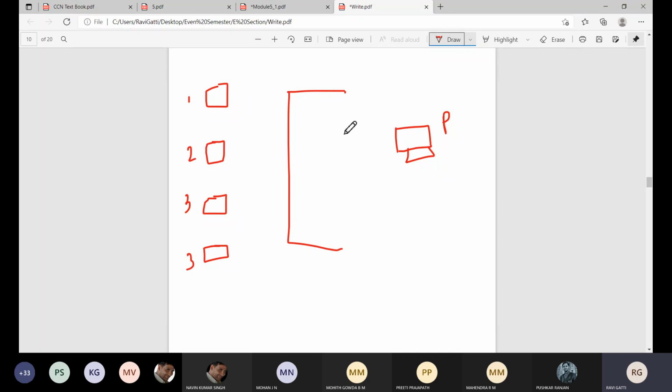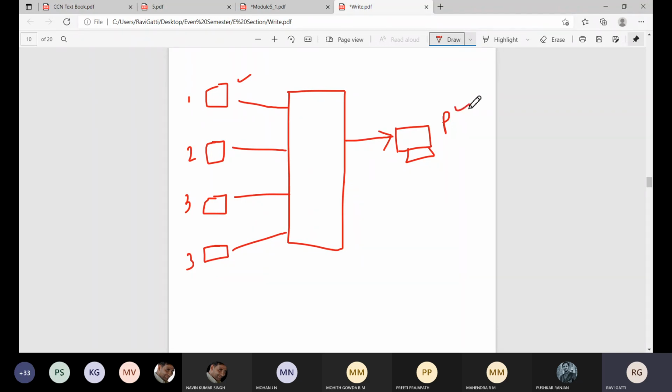A multiplexer will have many inputs, but it produces only one output. So we can represent the multiplexer in this manner. Now I want to give access to device one, the input signal one, to the printer.